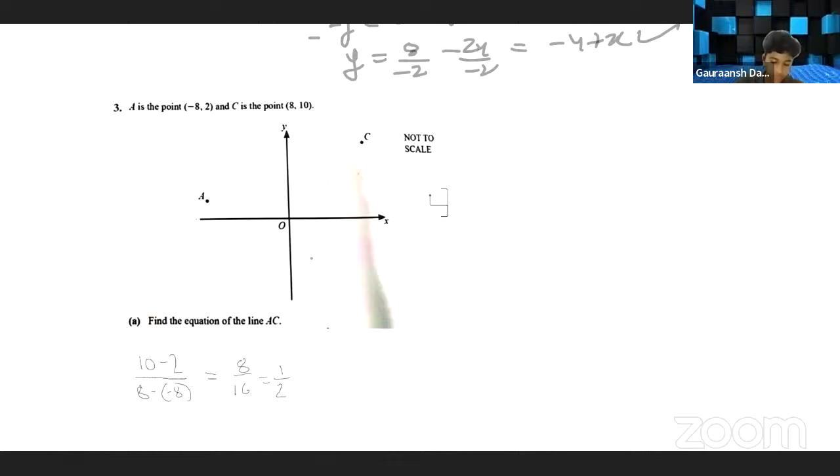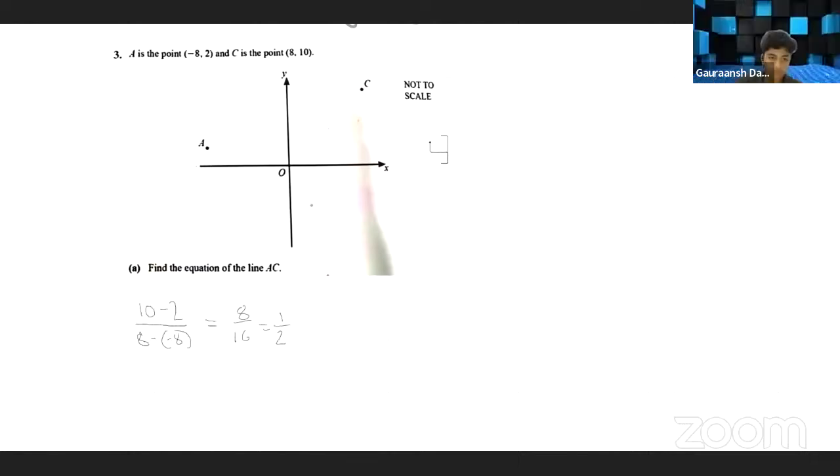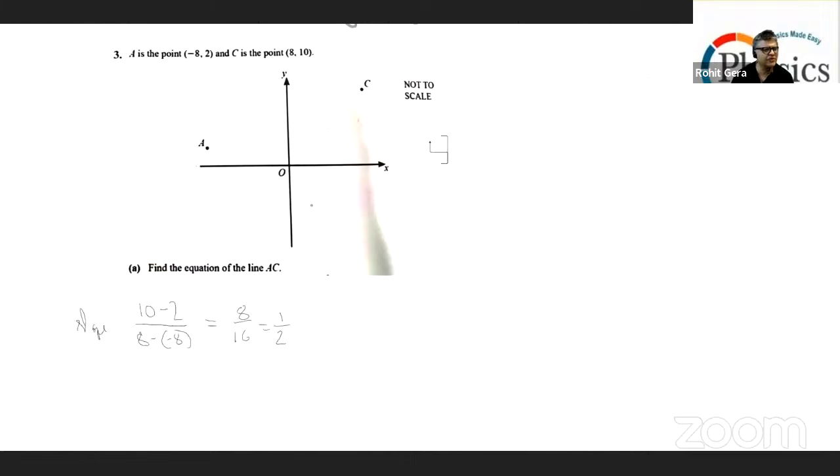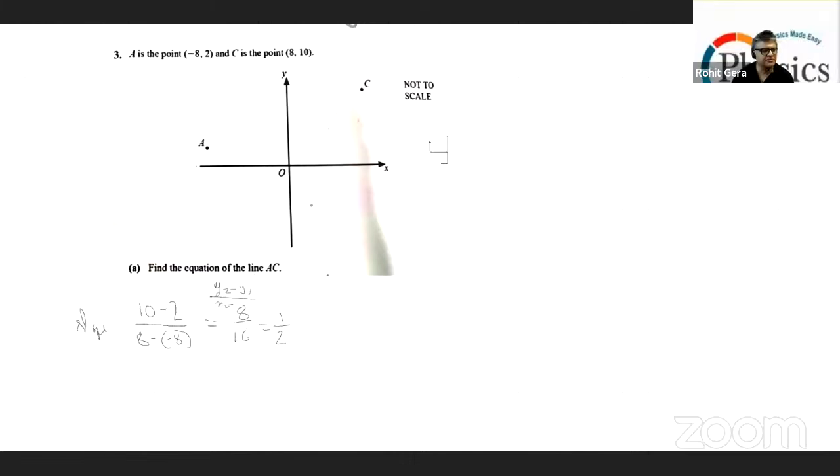Wait, so I need a... ठीक है. So you have not written the point, eight comma... what are you doing? If I'm an examiner, I don't know what you're doing. Of AC. Slope of AC. And you're not telling me what concept you have used. Justification.